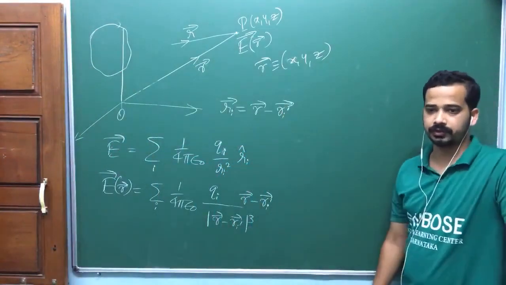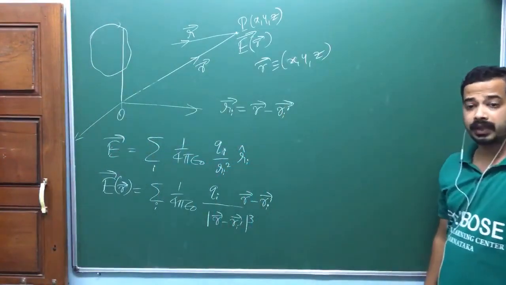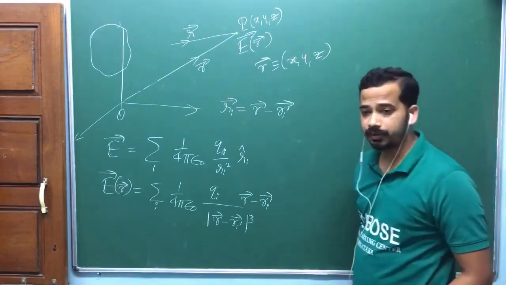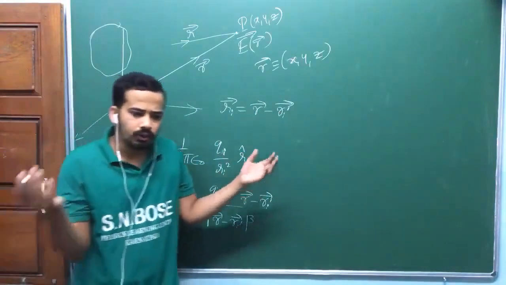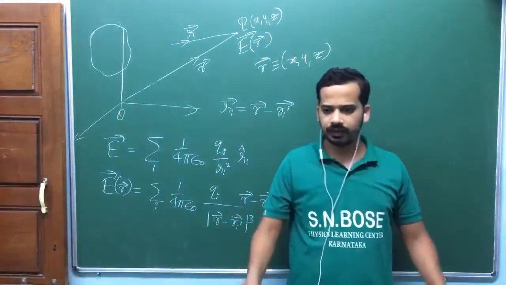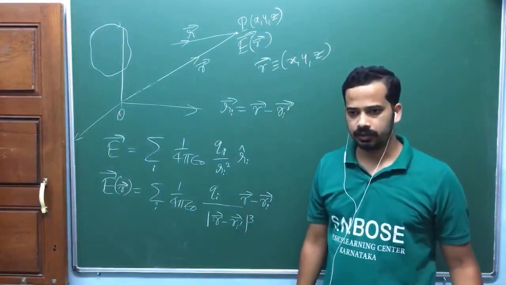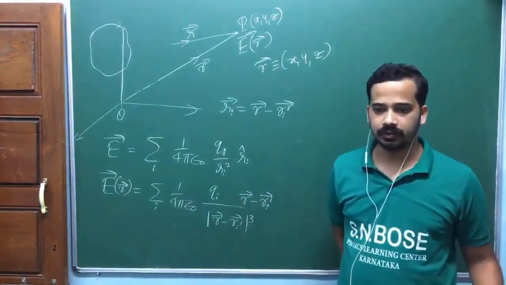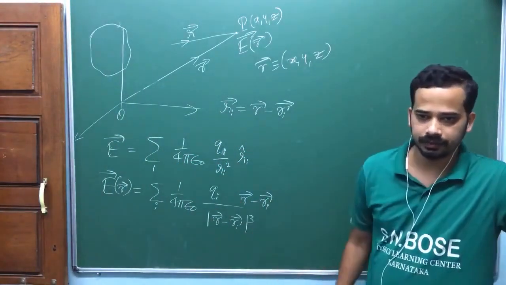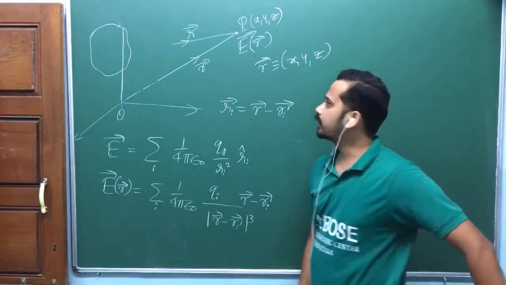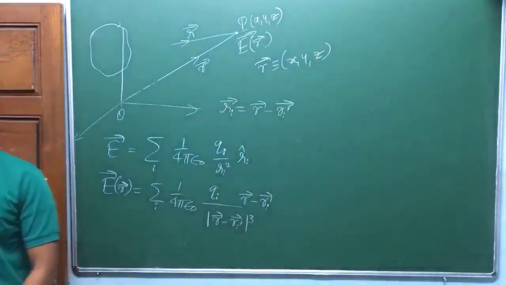Earlier I have taken point charges, isn't it? Now I will take continuous charge distribution. Continuous means it's not point-like charge. Charges are so close together that you can't differentiate them as a point. Just like continuous mass distribution in some solid. Let me take continuous charge distribution here.